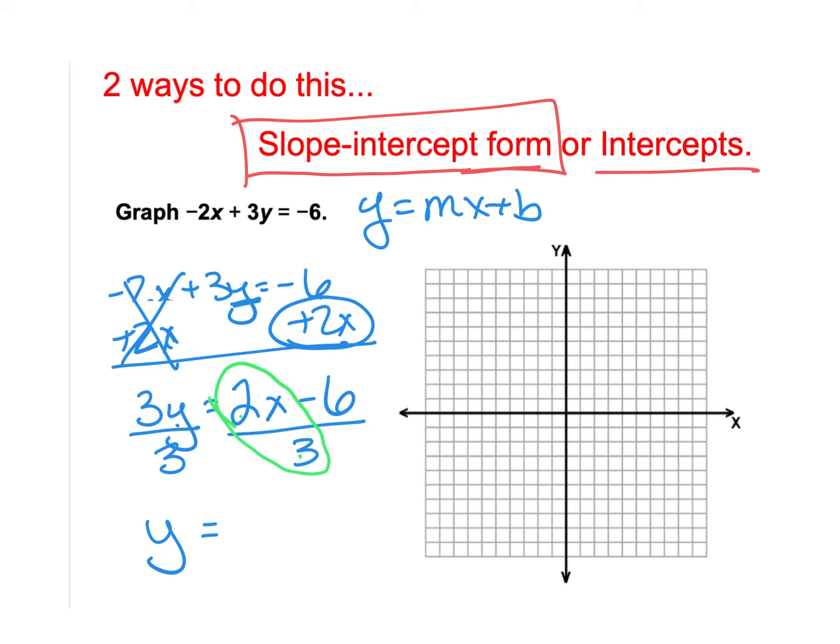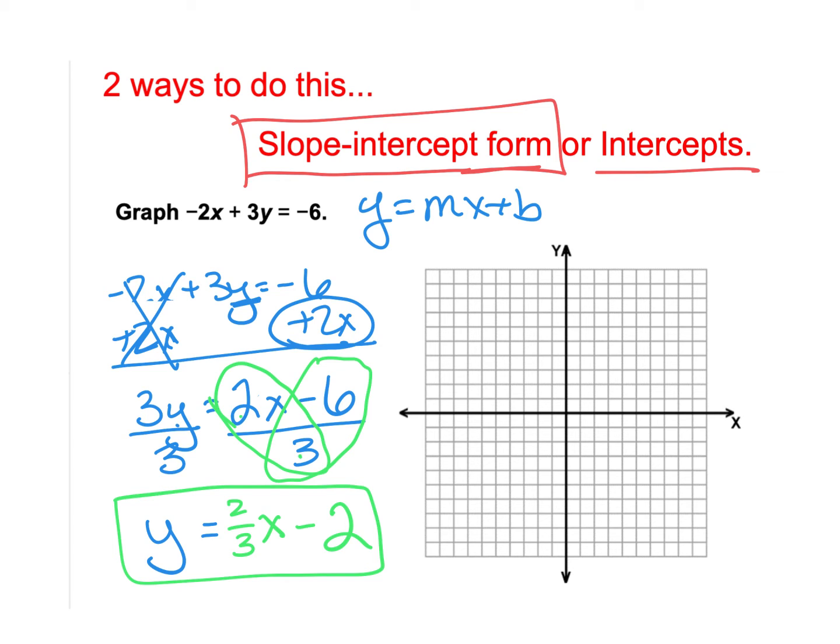I'm going to leave my 2 over 3 as a ratio or as a fraction because that's our slope. So instead of doing 2 divided by 3, I'm just going to leave it as a fraction. Negative 6 divided by 3 is a negative 2. There is my equation. And now I'll be able to graph it.